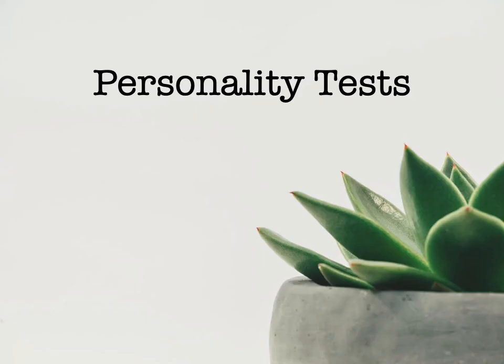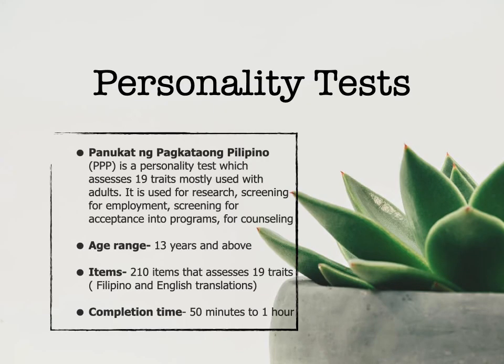Lastly, we have the Panukat ng Pagkataong Pilipino or the PPP. Again, this is another Filipino personality test which assesses 19 traits, mostly used with adults. It is used for research, screening for employment, screening for acceptance into programs, and even for counseling.